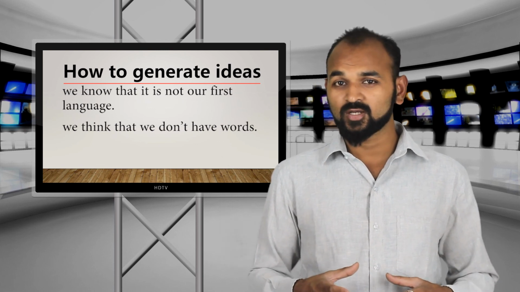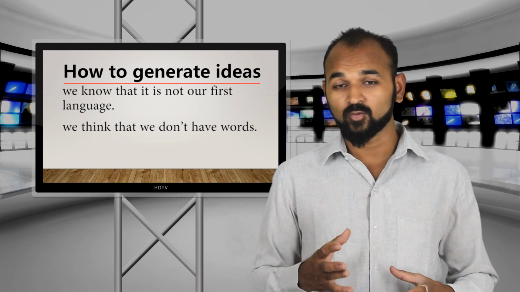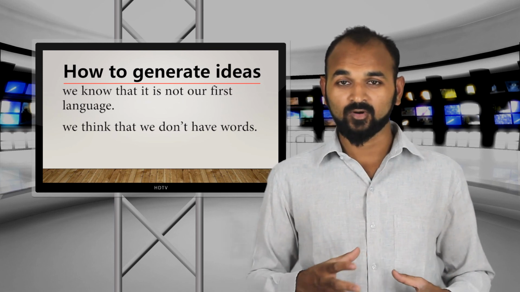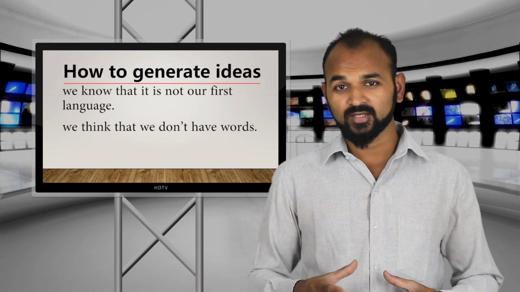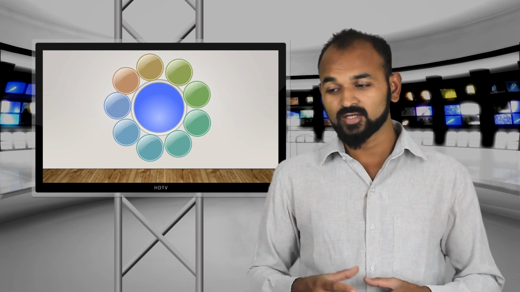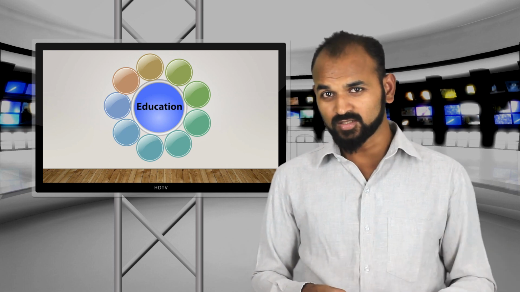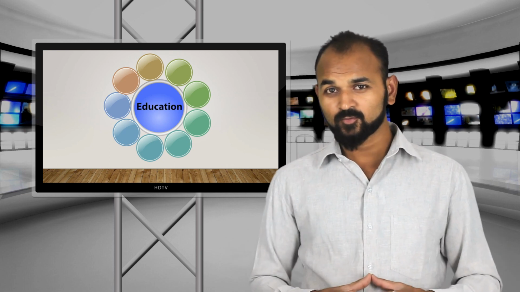So we need to make sure that we always try and use the words that we already know from our language. Let's have a look at the method that I've found out that will be easier for you, I think. So let's try and have a look at circle games. As you can see in this circle, there is a word in the middle which is education. Now this education word I've taken from my previous video.